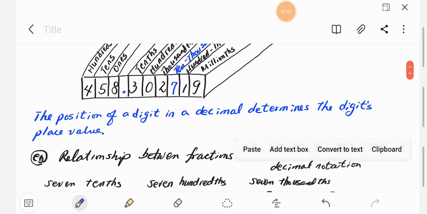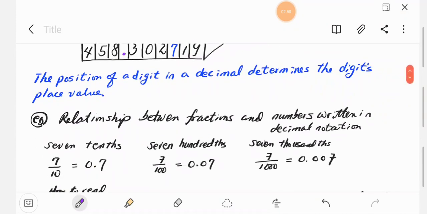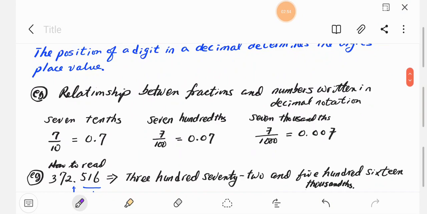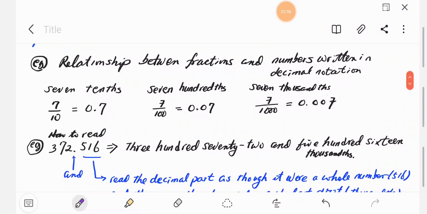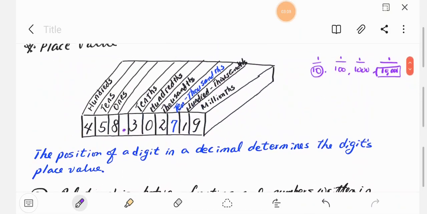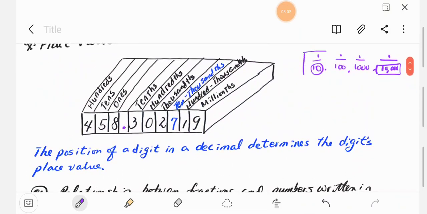So let's find out the relationship between fractions and numbers written in decimal notation. How do you write 7/10? Seven tenths means tenths, and a tenth is 1 over 10. So 7/10 means there are 7 of these.